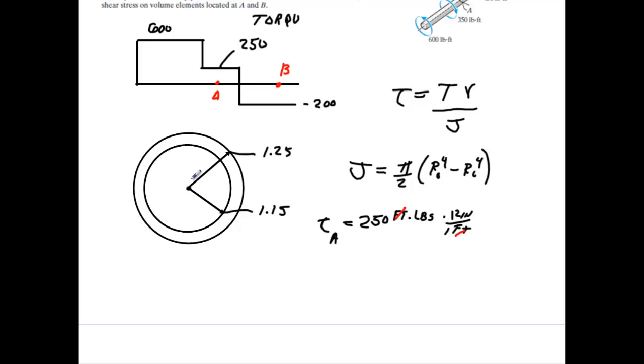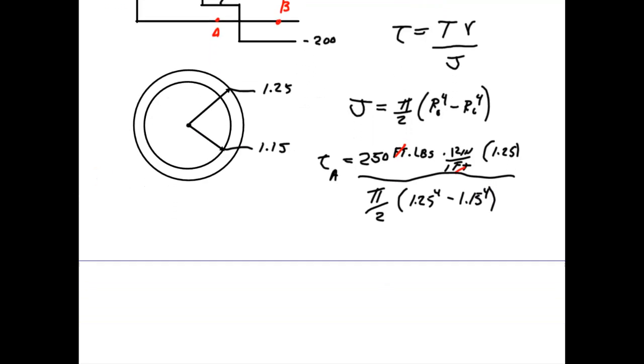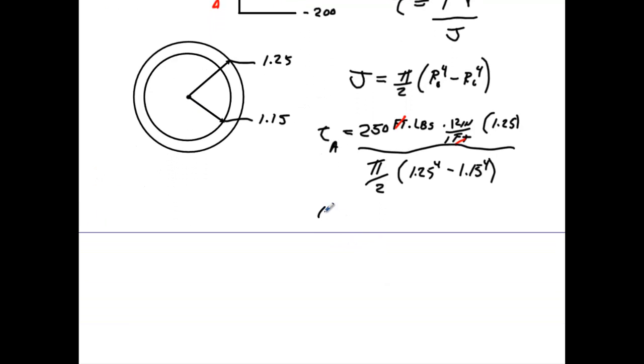Multiply that by the max radius, 1.25, and divide that by the polar moment of inertia, which is 1.25 to the 4th power minus 1.15 to the 4th power. You do that math, and you'll get the shear stress at A is about 3.45 ksi.